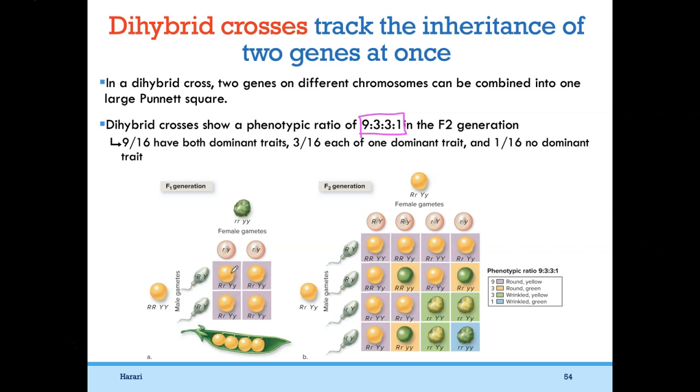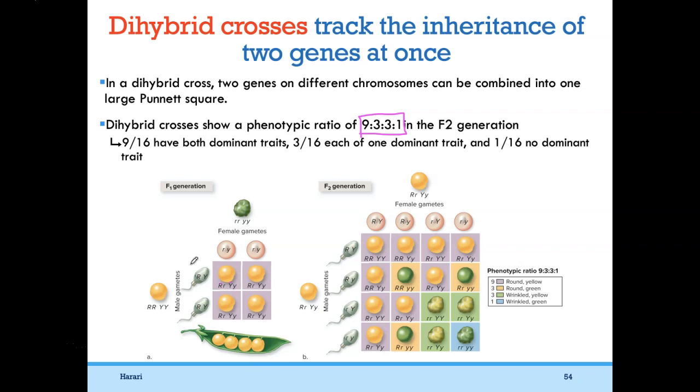So all the zygotes would have to be big R, little r, big Y, little y, which would make them, again, yellow and round, because they have at least one copy of big R, at least one copy of big Y. And you would be told, of course, that round is dominant to wrinkled, yellow is dominant to green. In any problem, you would have to be told specifically which allele is dominant over which.